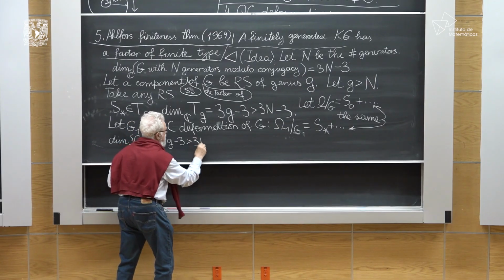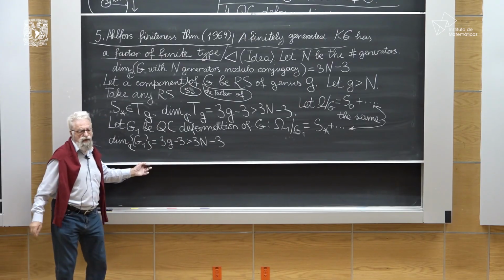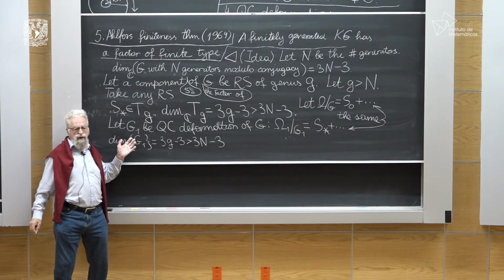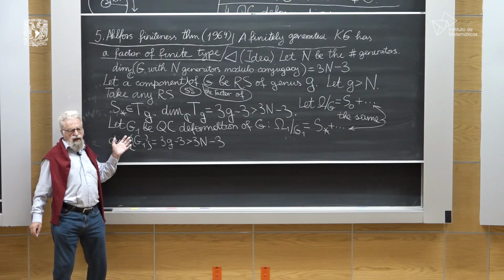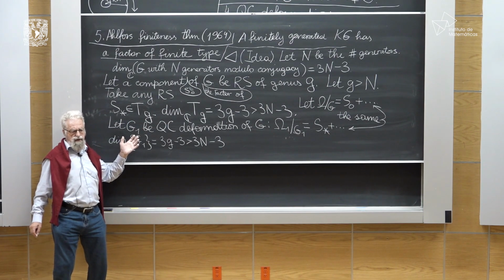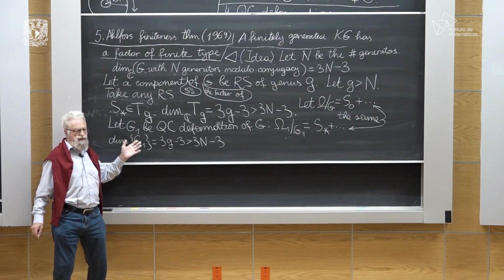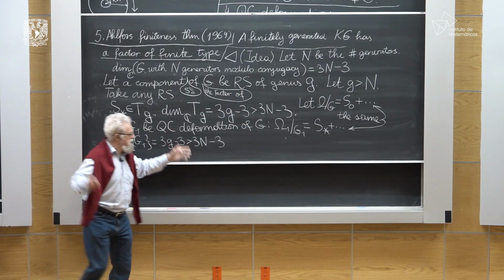It is greater than 3n minus 3. So we got a set of Kleinian groups which are isomorphic to G, that is, they have n generators, and the dimension of this set is greater than the dimension of the Kleinian groups with n generators. This is a contradiction.